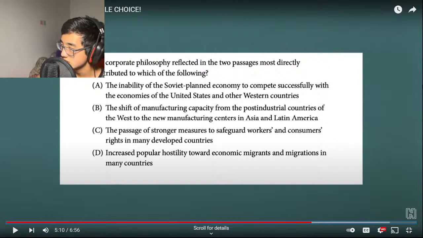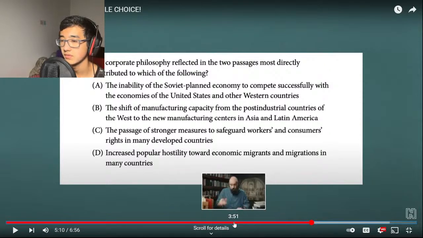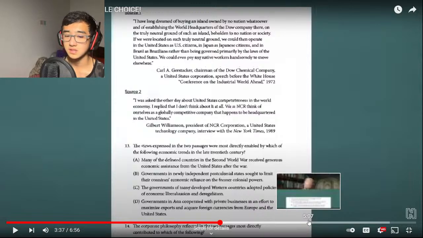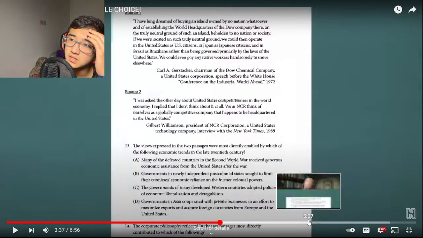I paused, go back a little bit. On truly neutral ground of such an island, beholden to no nation or society. If we were located on such truly neutral ground, we could then operate in the United States as US citizens, in Japan as Japanese, and Brazil as Brazilians.